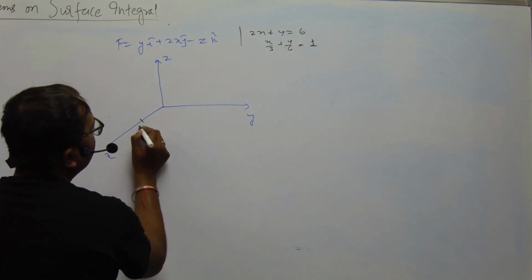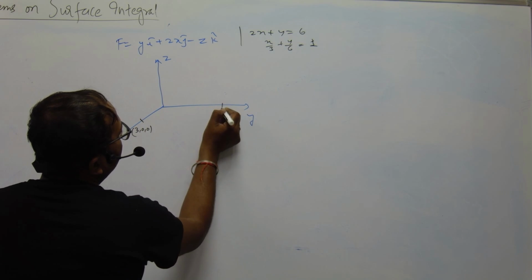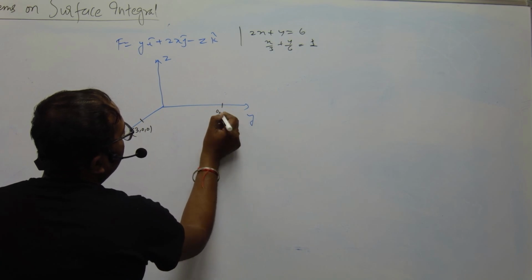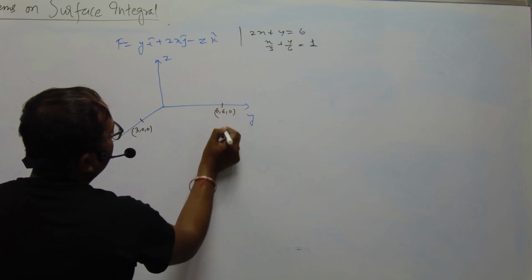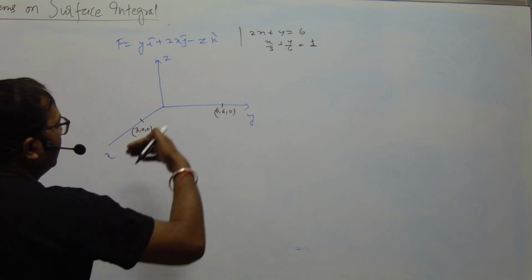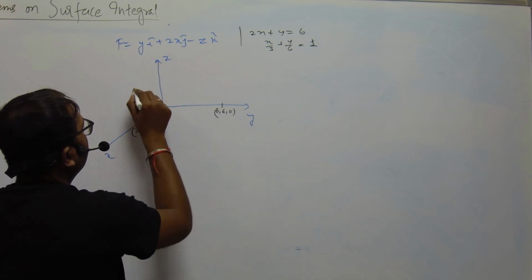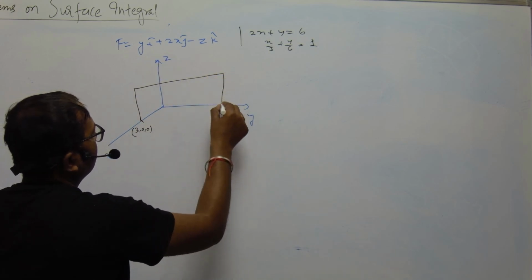The coordinate is 3 comma 0 comma 0. This plane is perpendicular to the xy plane. The plane is like this.